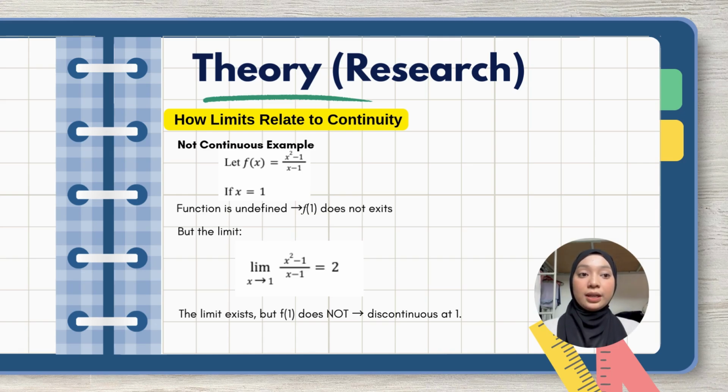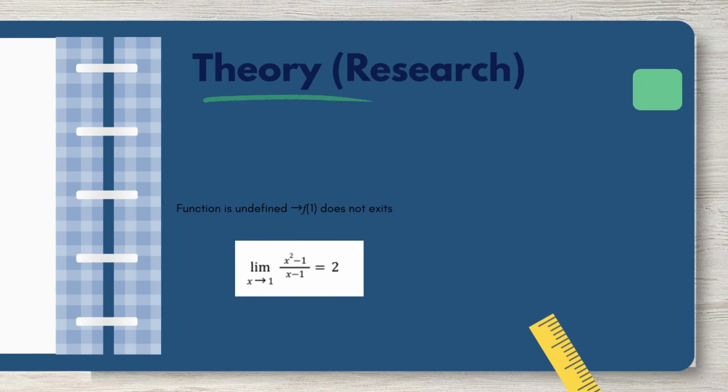At x equal 1, the function is undefined, so f(1) does not exist, but the limit as x approaches 1 of x squared minus 1 over x minus 1 equals 2. The limit exists, but f(1) does not, so it is discontinuous at 1.